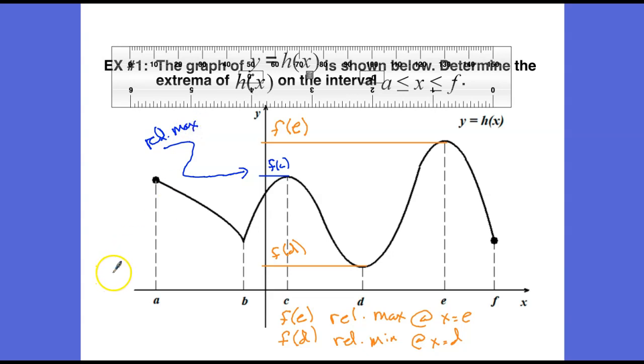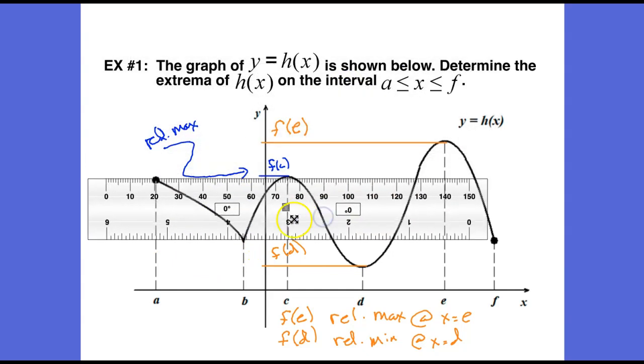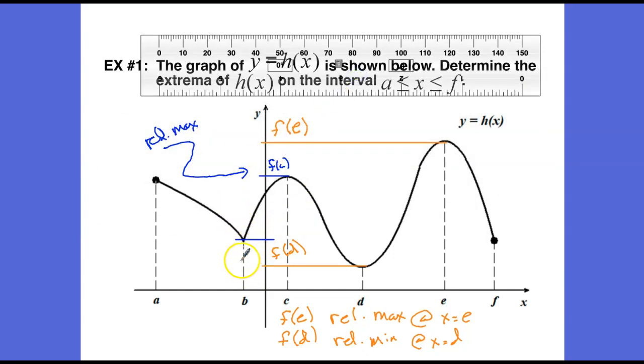So that would be a relative max. And also this cusp would be a relative minimum on that same interval. That's going to be f of b. And we can say that's a relative min.